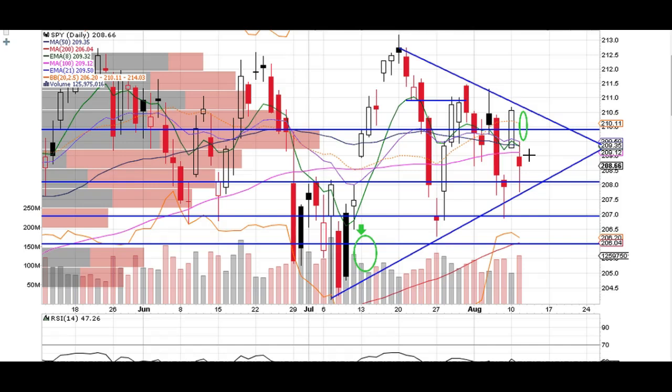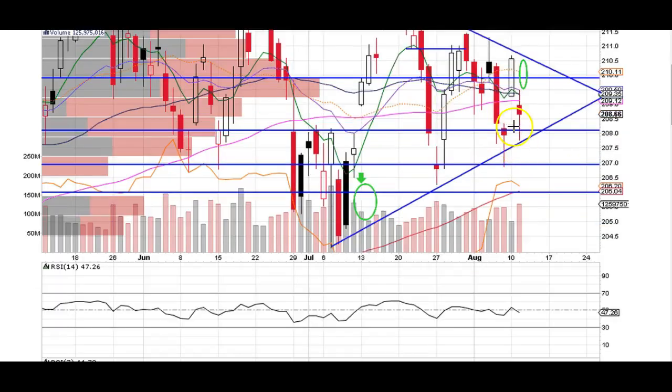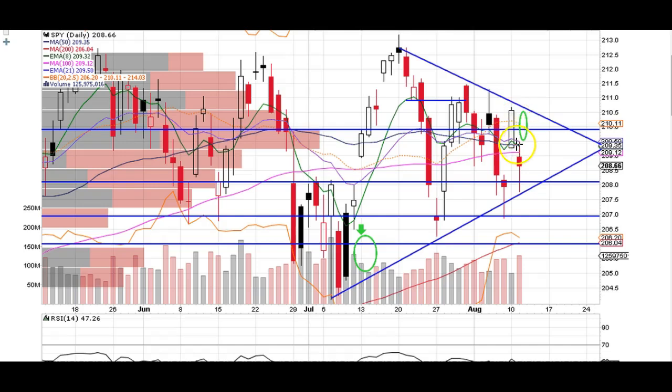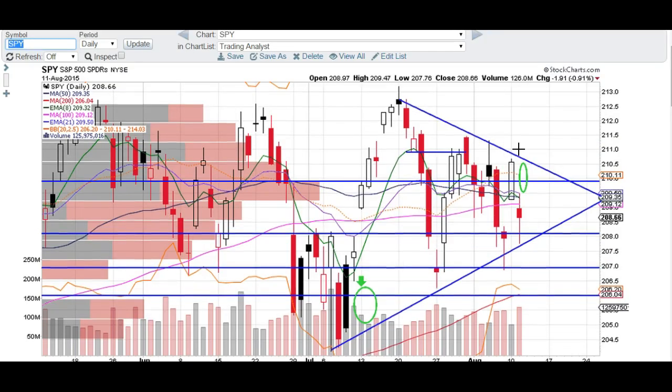Just because the 50-day crosses below the 100-day moving average, it does not mean that we're heading down tomorrow or the next day or anything like that. It just means that the trend of the S&P 500, which has been up for the last 4 years or so, is nearing an end. Okay, so it's just something to keep in mind.